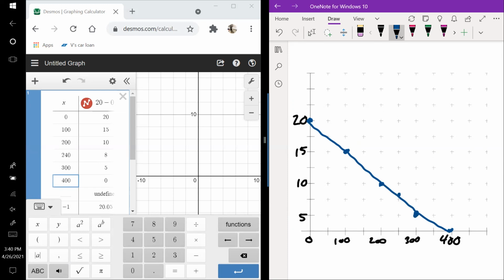Okay, so there's d of x. And what we're going to do next is draw the consumer surplus area that we're finding. And that's going to be based on the point that we have here. This is our 240 and 8.